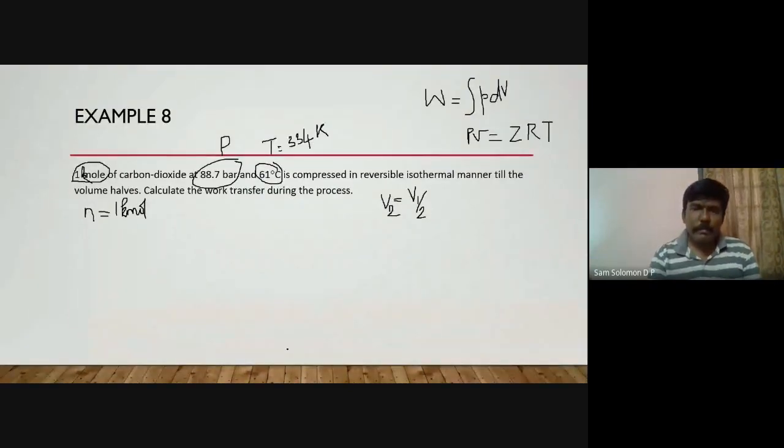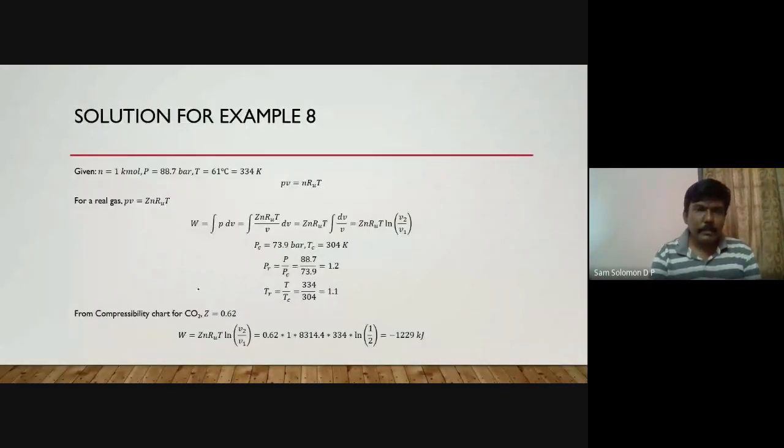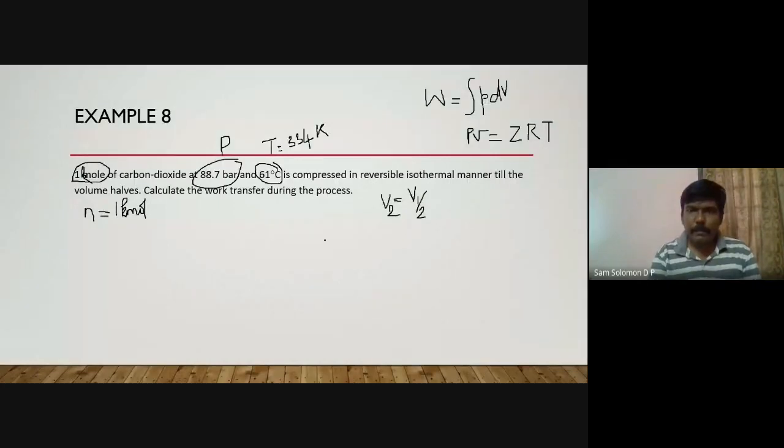In the problem it is not mentioned. PC is 73.9 bar and TC is 304 Kelvin. This will be given to you in the problem, don't worry.